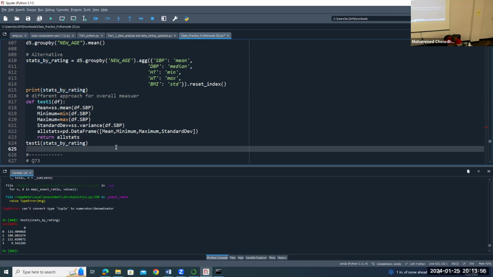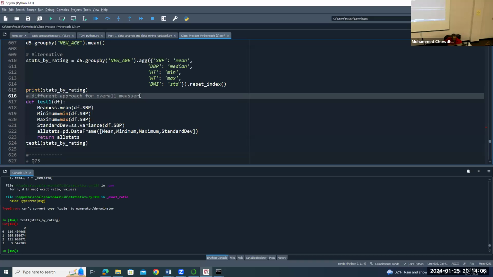What they are doing, they are considering only one instead of all of this. Okay. So the function is a different approach for an overall measure. So this is giving you the overall measure. The function is not working here for each data set. For overall data sets, you can apply the function.